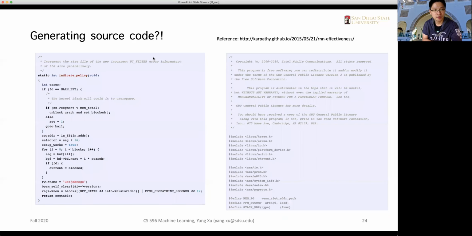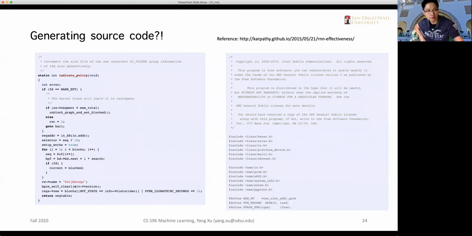Okay, and it can even be used to generate source code. Both sides are C code generated from a language model, and that language model is trained on actual source code.